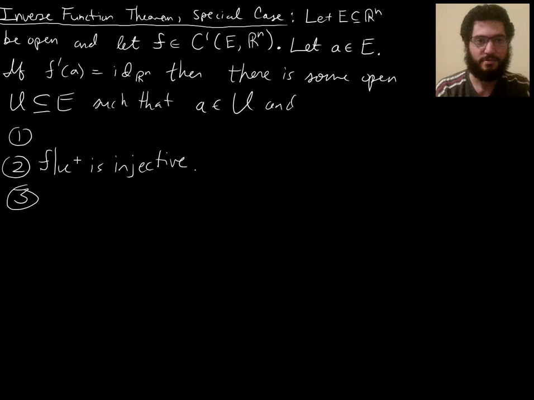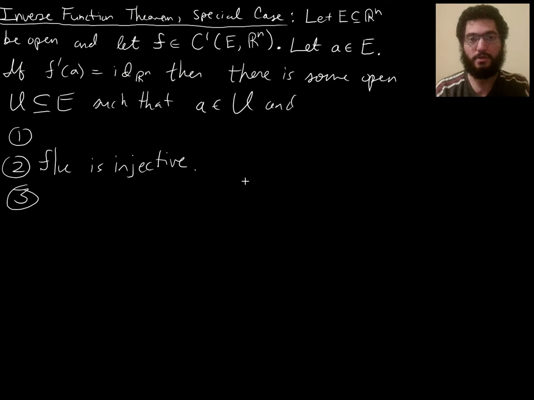In other words, if the derivative of F is the identity at A, then F is an invertible function in some neighborhood of A. If you were to apply this result to a situation where you know that F prime is invertible for all points A in E, then you could draw this conclusion that the inverse function theorem provides for all points A in the domain.